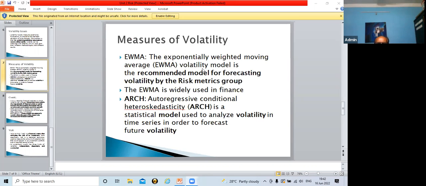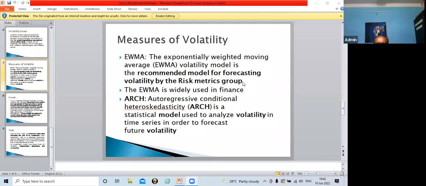It is the volatility model which is the recommended model for forecasting volatility by the RiskMetrics group. So there are different groups; one of them is the RiskMetrics group, where this particular model was developed by statisticians, that is EWMA.